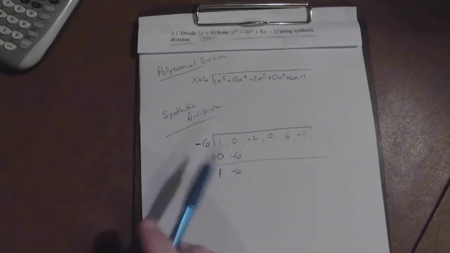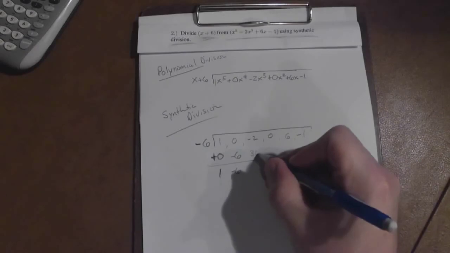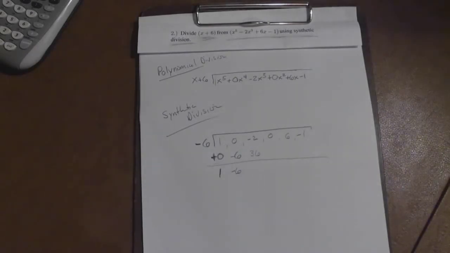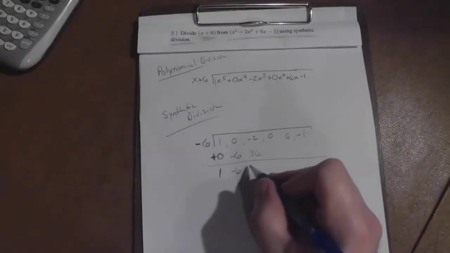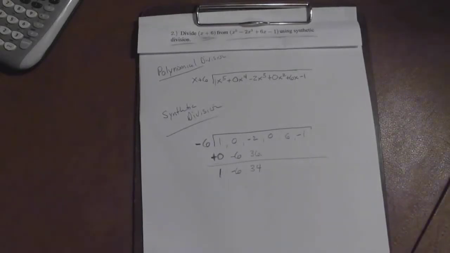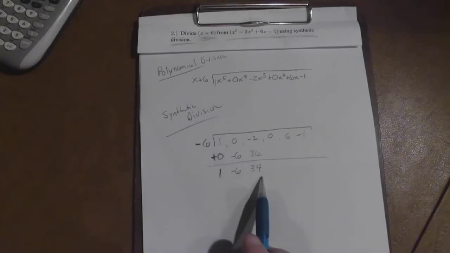Where I repeat the process. I take 0 plus -6, that's -6. I then take -6 times -6, that is positive 36. -2 plus 36 is 34.